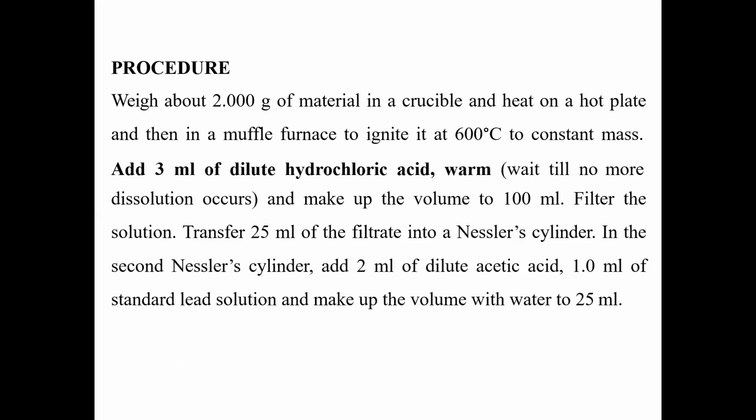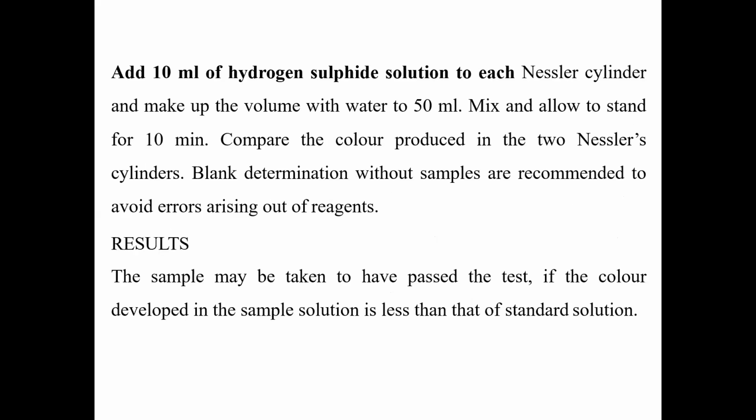Add 3 ml of dilute HCl, warm it, make up the volume, filter the solution, and transfer into a Nessler cylinder. Then in the second Nessler cylinder, add acetic acid and 1 ml of standard lead solution, and make up the volume with water to 25 ml.